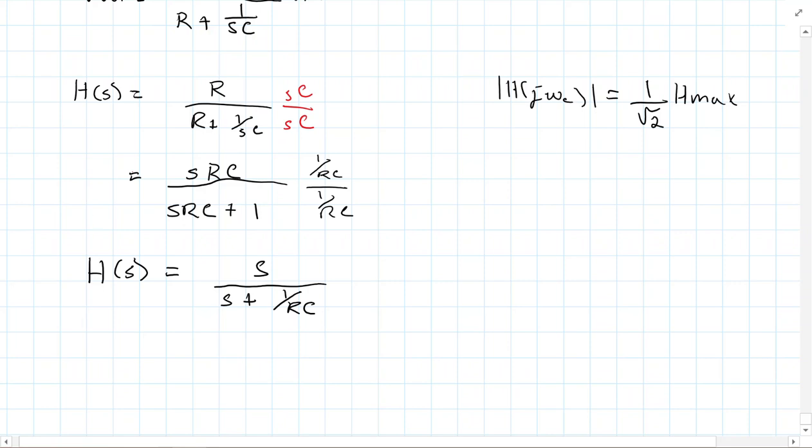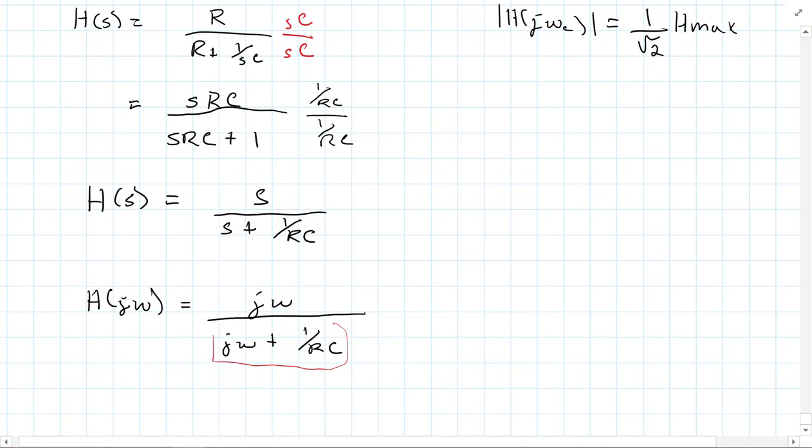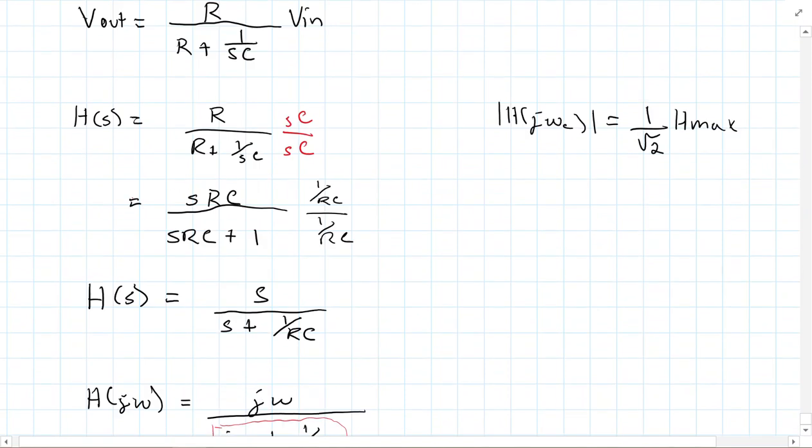And so I need to, of course, figure out what the magnitude of H at j omega is. But none of these things should be hard for us. So let's go ahead and write this. So we know we plug in j omega for S. Well, now, first off, we shouldn't be too surprised by this denominator here. In fact, if you go back and look at some of the previous lessons, we've seen that denominator before.